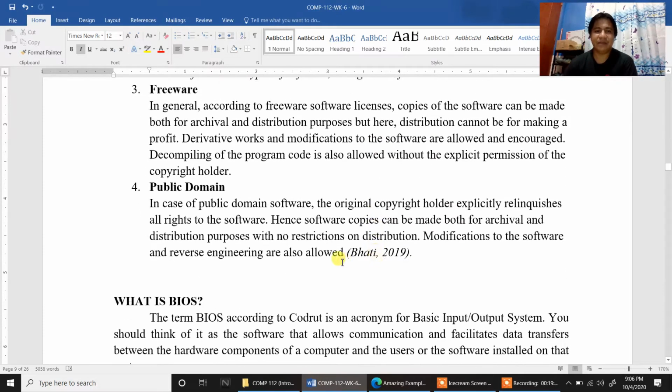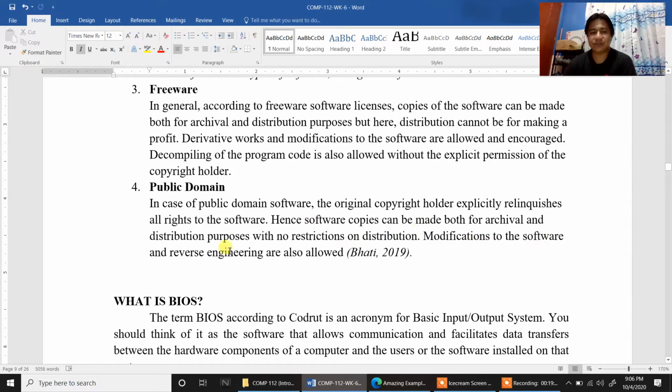Then we have the public domain. The original copyright holder explicitly relinquishes all rights to the software. Hence, software copies can be made for both archival and distribution purposes with no restriction on distribution.